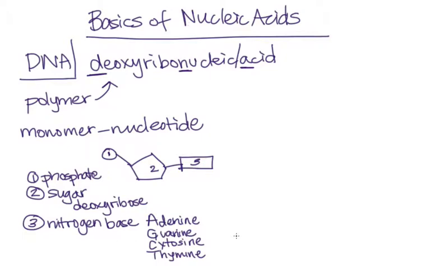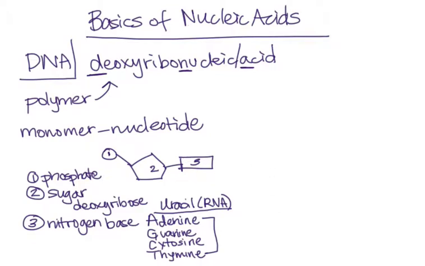There is another nitrogen base called uracil that's found only in RNA. In RNA, thymine is no longer found, but we find uracil instead. So for now, we'll talk about A, C, G, and T, the 4 nitrogen bases found in DNA.